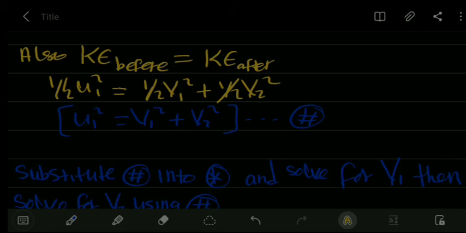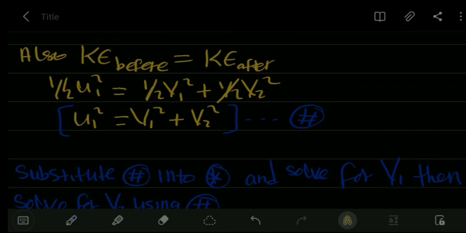On the initial kinetic energy, notice that we didn't consider the kinetic energy of the second ball because it was at rest, so it's automatically 0. The halves cancel out from both sides, and we remain with u1 squared equals v1 squared plus v2 squared. After obtaining this, we can consider this as our equation hash.